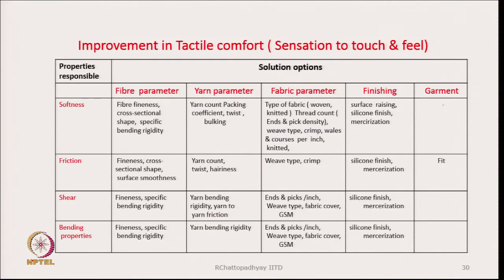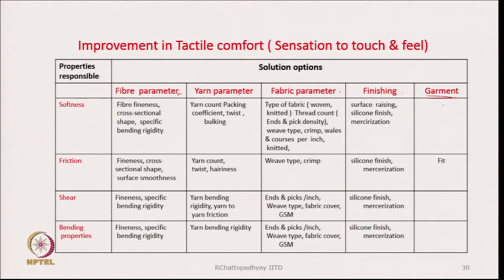And here in this table, we have written how softness, friction, shear, bending properties are related to fiber parameters, yarn parameters, fabric parameters, finishing techniques and garment making or makeup.